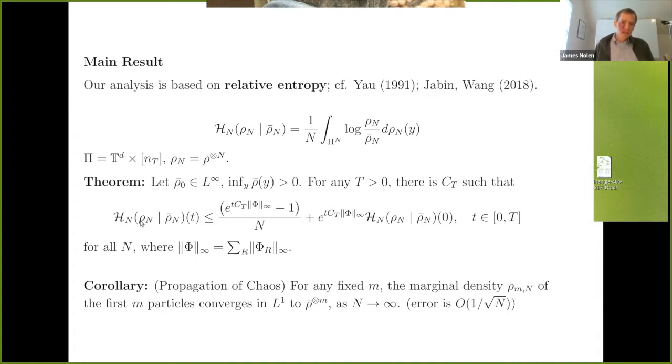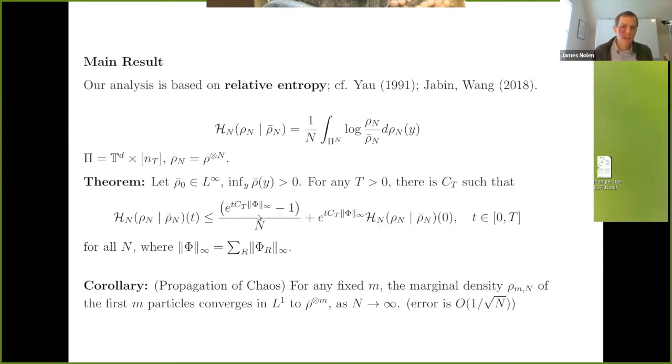So the result is an estimate on this relative entropy. There are two terms. There's one term involving the initial relative entropy. And this would be 0 if we assumed, say, that the particles were sampled initially independently according to the mean field solution, rho bar.